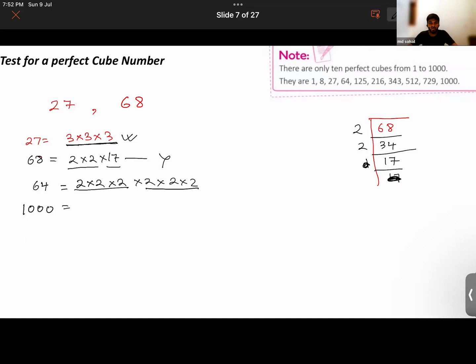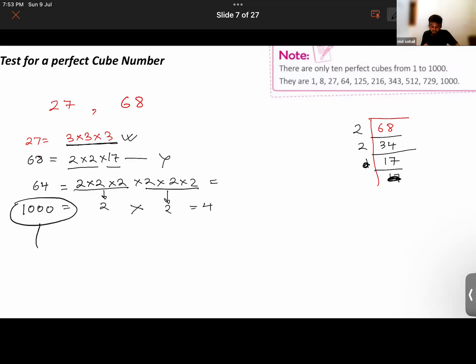Since we are dealing with cubes, the number 2 occurs in groups of 3, not pairs. So first we prime factorize the number and then group triplets of the same prime number. We have 2 triplets of 2 here. You take a single number out of each triplet, that is 2 here and 2 here. So 2 multiplied by 2 gives me 4, right?